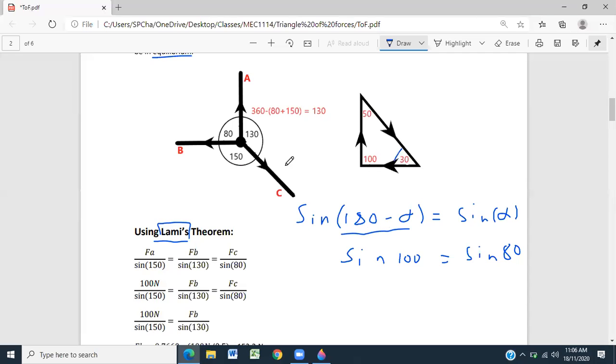So when we're doing the sine rule, it would be this magnitude here, this 100 newtons, over sine of 30. So where's the 100 newtons here? 100 newtons. And where's the other angle? 150, right? Here. So sine of 30, this 100 newtons over here.